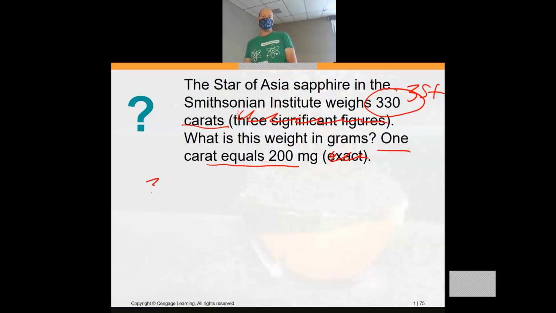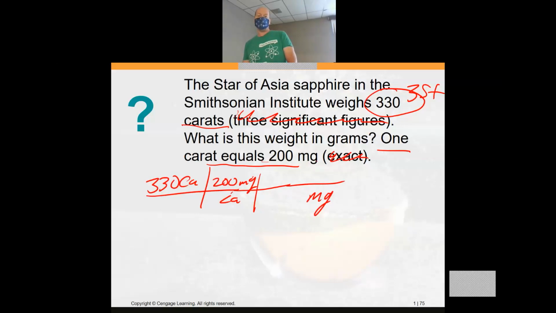All right, so you have 330 carats, and you have a carat is 200 milligrams. And so the question asks, what is the weight in grams? So this is what it would be in milligrams, but we don't want milligrams because it asks for it in grams. 10 to the minus 3 is milligrams.